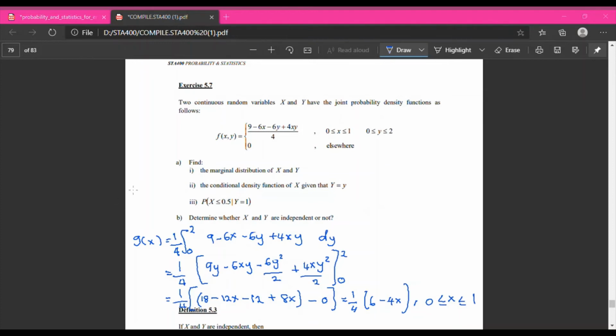We want the probability of x less than 0.5.